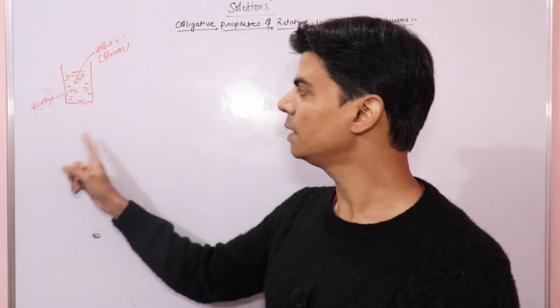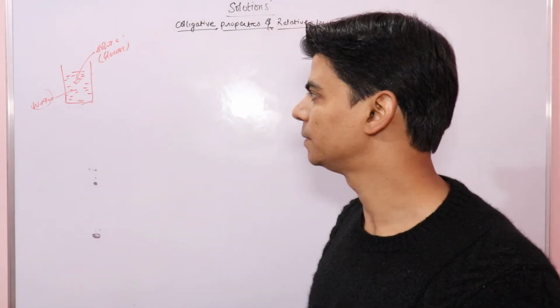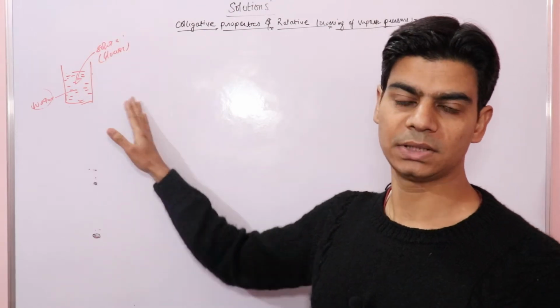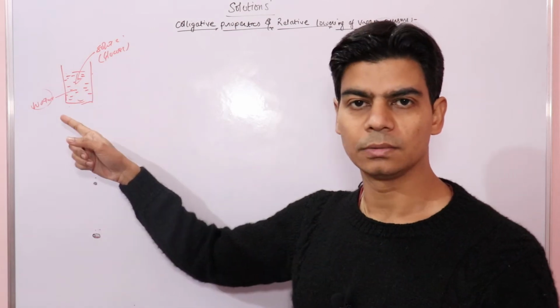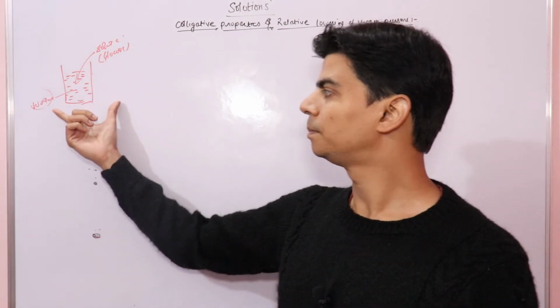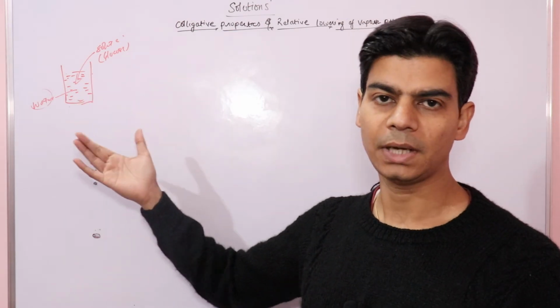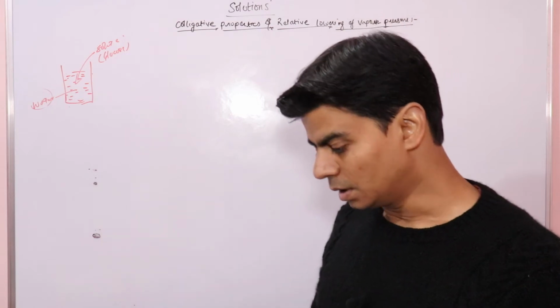Or we say that the vapor pressure of the solution is less than that of the pure solvent. So the addition of this solute has changed the properties of the solution, because the vapor pressure has been changed by the addition of the solute.